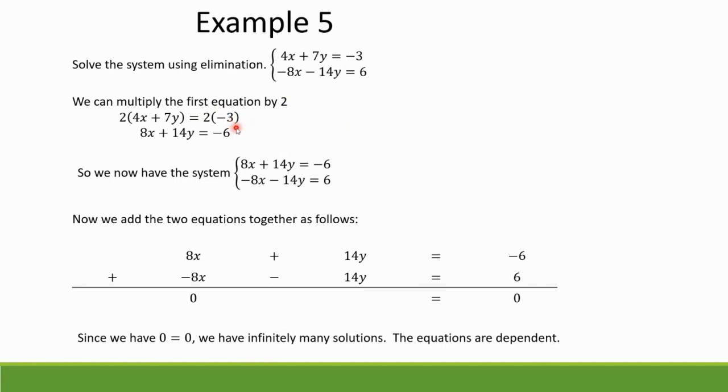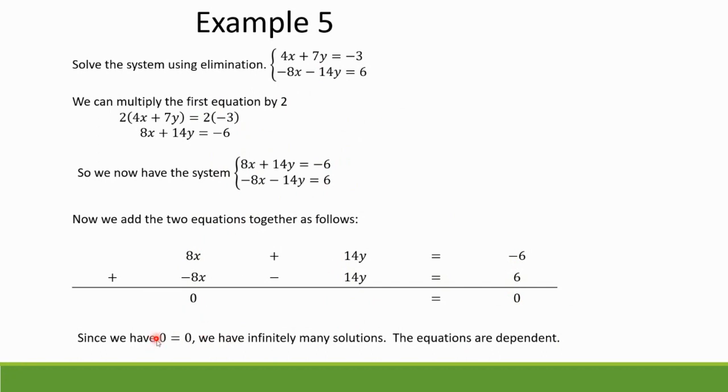Now, by doing that, the new system we get is this. You can probably see what's going to happen. If we add these two equations together, 8x plus -8x is 0. We have 14y minus 14y, that's gone. -6 plus 6 is 0. So in this case, we have 0 equals 0.